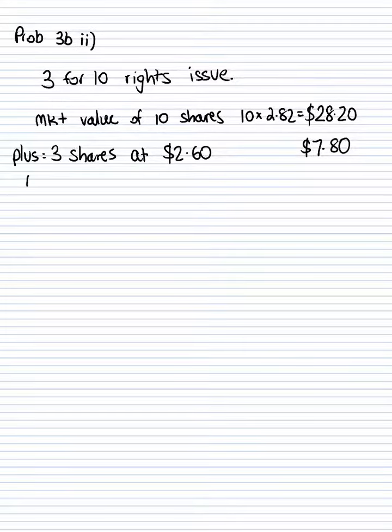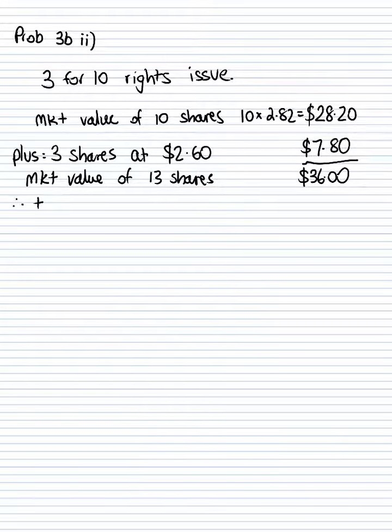Now that gives me a total market value of the 13 shares. So 10 existing shares plus the 3 new shares. If I add those two up together, I get $36. So I have 13 shares with a total value of $36.